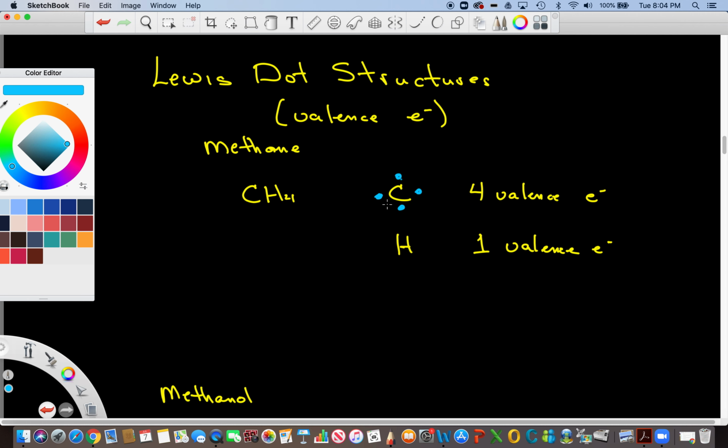So I just put 4 dots around it. And for a hydrogen, it has 1. And the electrons can move, but this one was made simple intentionally. So we have put 4 hydrogens on here, and it's pretty obvious where we're going to stick the hydrogens. We have 4 single electrons.